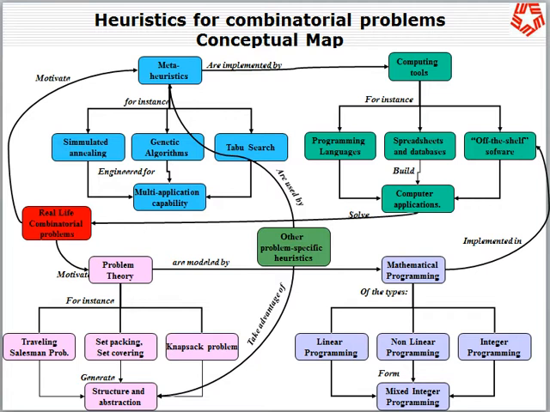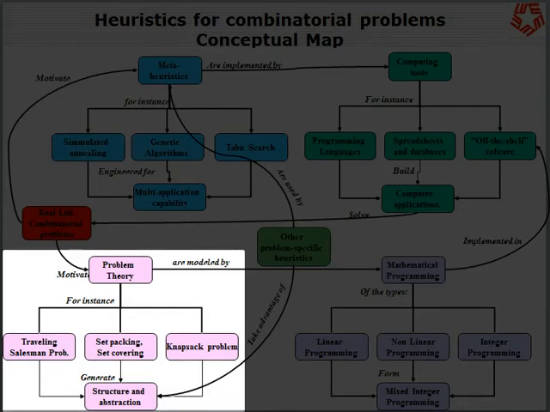In order to understand what heuristic algorithms are, I created this conceptual map, and as you can see, I have some color code in it. First we can discuss problem theory, and this problem theory tells about the most typical problems that in operations research are studied.